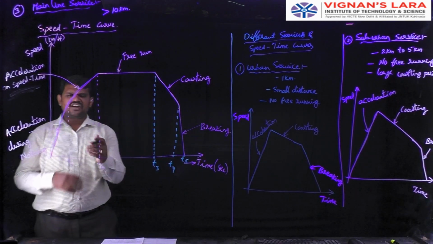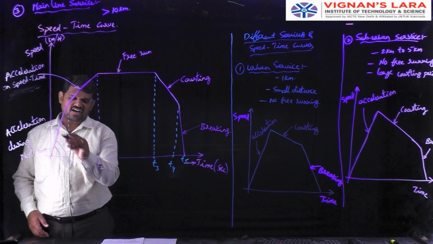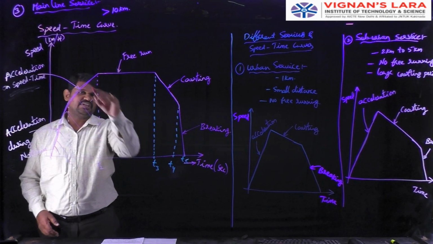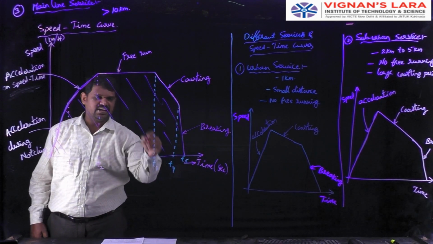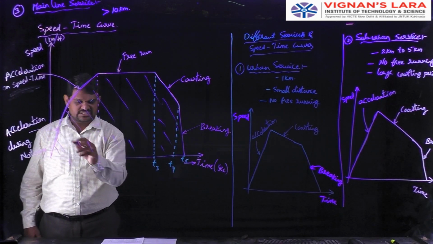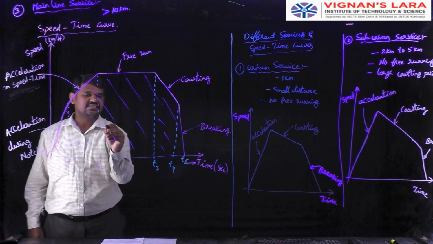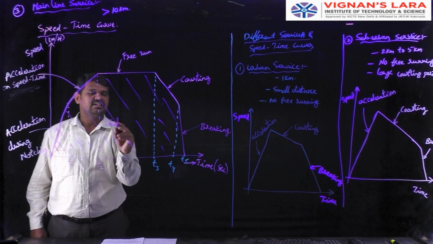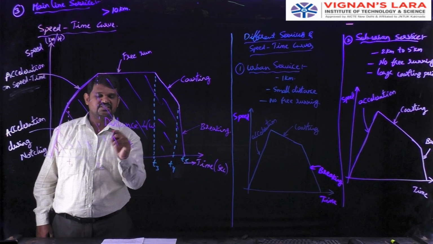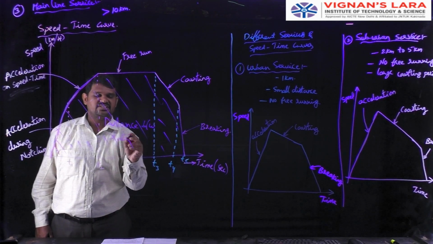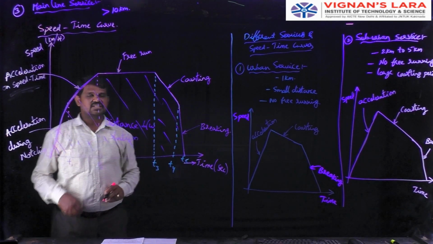Now the area occupied by the speed-time curves indicates the distance between the stations.